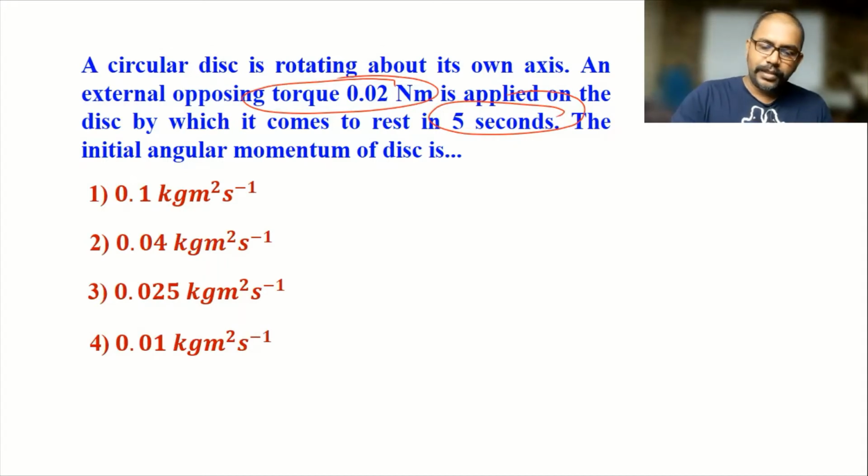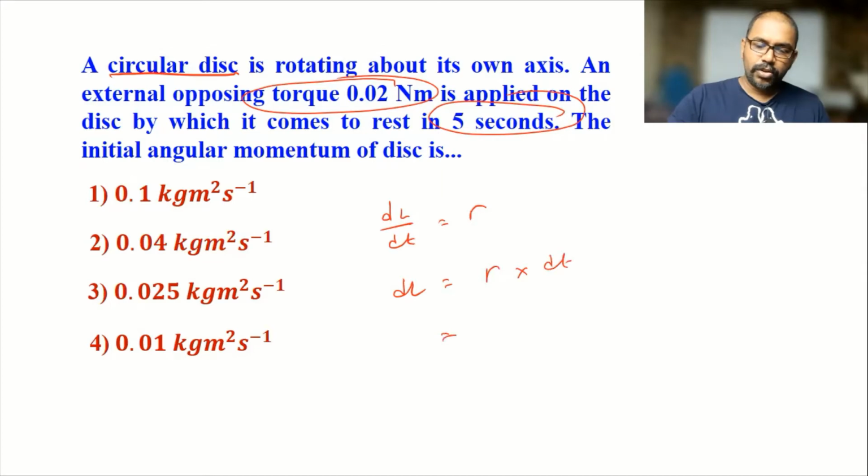Now let me find it out. You know that dL by dt is equal to torque. In conservation of angular momentum, we learned this formula. And you know that if torque is 0, then angular momentum is conserved. Now here we have to find out the angular momentum. It is a circular disc rotating about its own axis. The time is given, so angular momentum is equal to torque into dt, time.